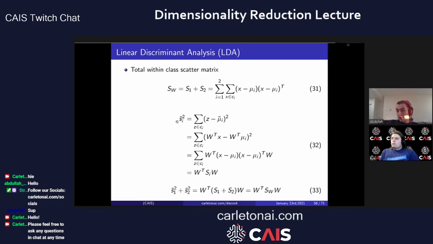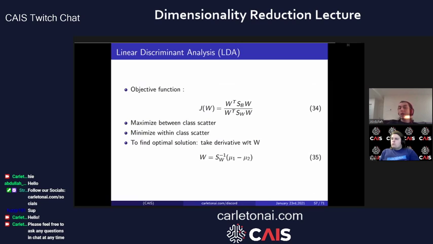So we can write the scatter of the projected data in terms of the transformation matrix and the scatter of the original data. And since this was the denominator of our objective function, we just do the same, we add it up, and we end up with W transpose S_W W, right?